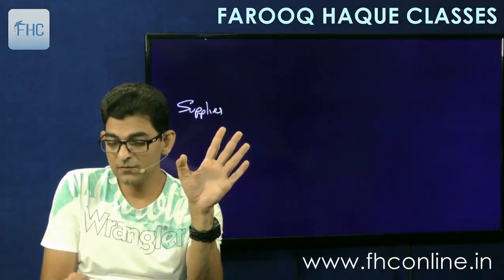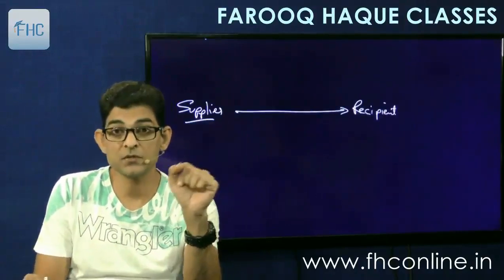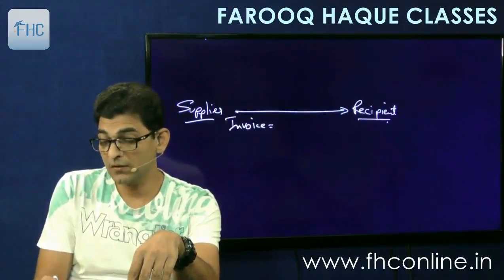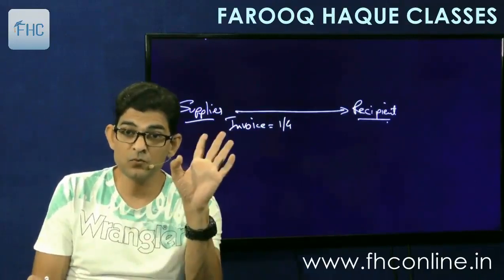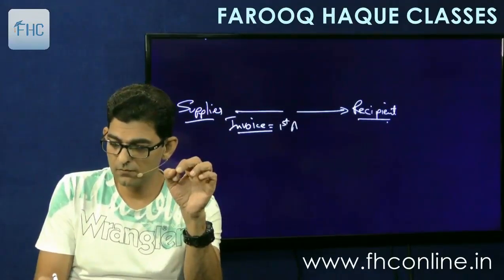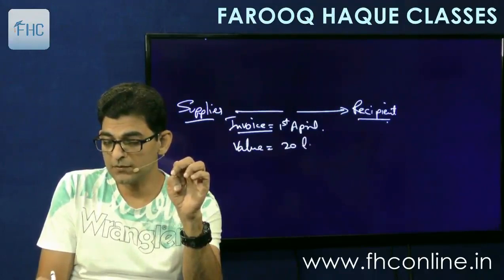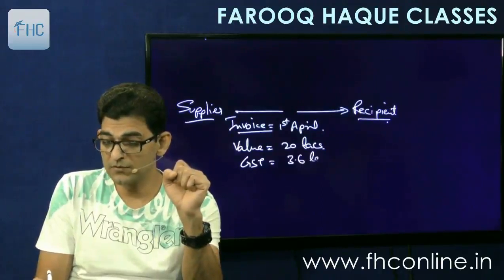Here is the supplier and here is the recipient of goods and services, or both. Okay. So suppose the supplier has made an invoice on, say, 1st of April, and the recipient must pay the amount. 1st April is the invoice date, and the value of the goods is 20 lakhs, and the GST thereon at, say, 18% comes to 3.6 lakhs.